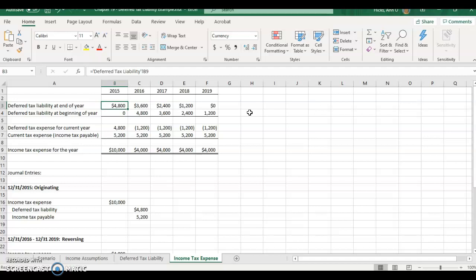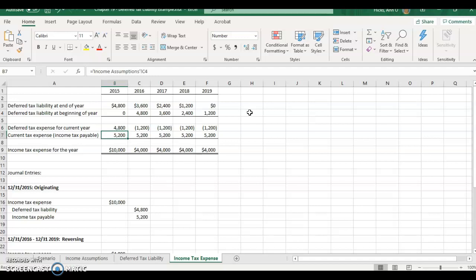We just walked through that calculation. At the beginning of the year, it was zero because this whole situation arose during 2015, which means for 2015, we have a deferred tax expense of $4,800. That's the origin of this deferred tax item.